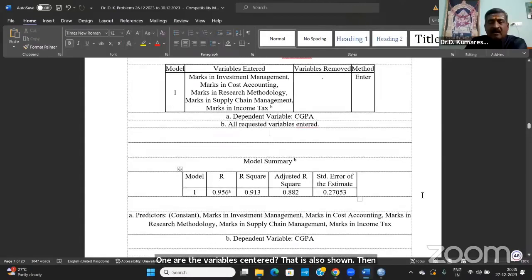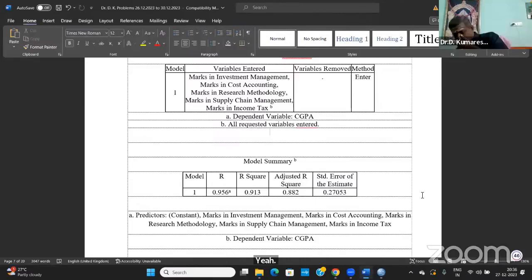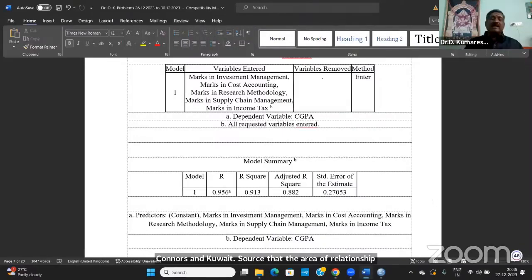Then the second one, model summary. In the model summary, 2 important measures are displayed. One is the correlation coefficient, another is the coefficient of determination. The correlation coefficient shows the degree of relationship between independent variables and dependent variables.